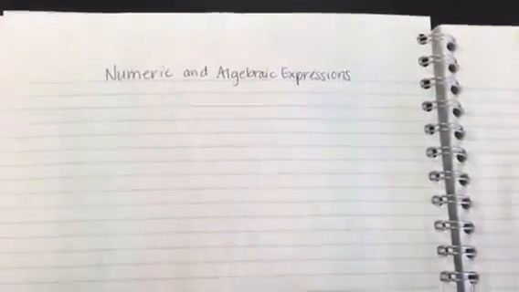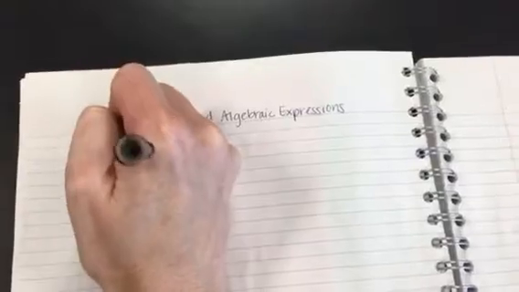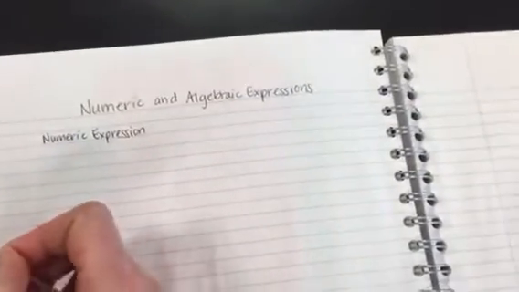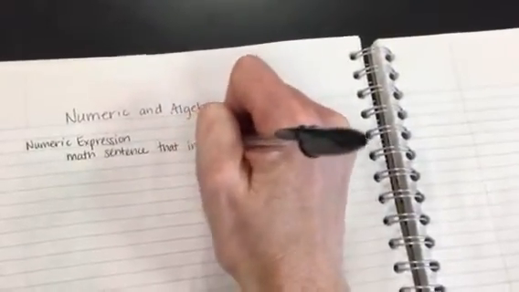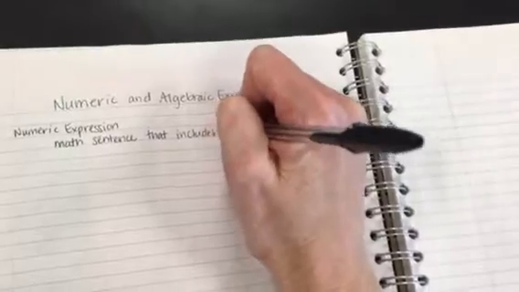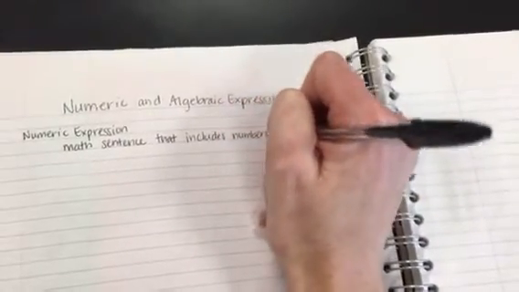Numeric expressions are exactly what you might think they would be, so let's start with that. Obviously, the root word for numeric expression is number, so this is a math sentence, or you might hear it called a math statement, that includes numbers and operations.